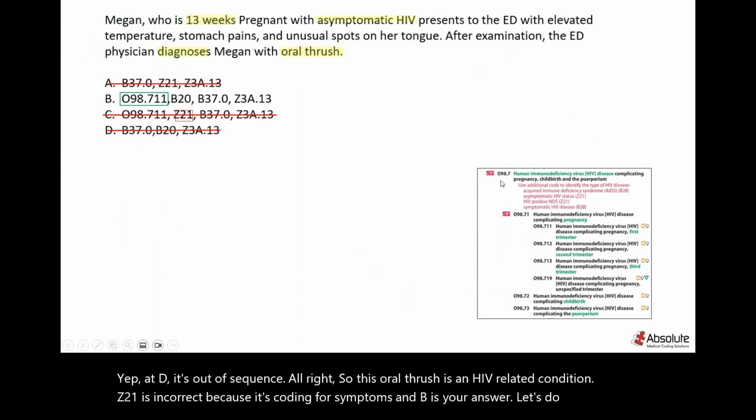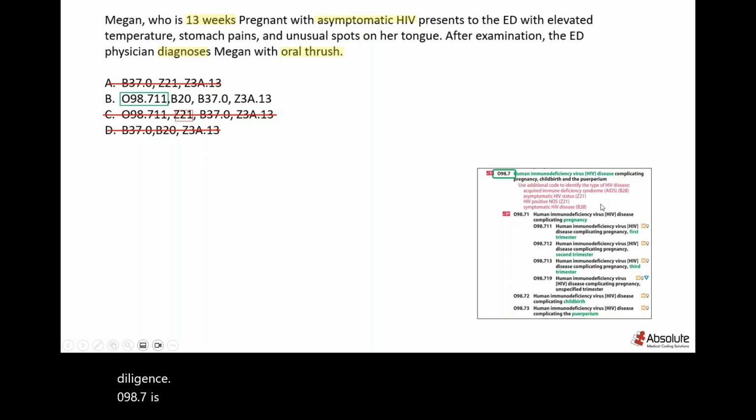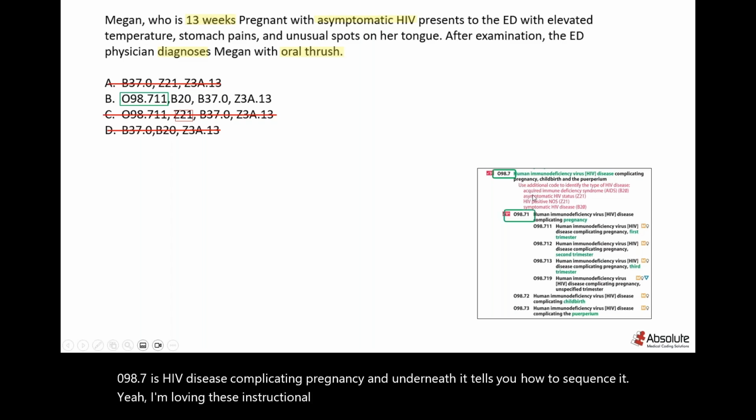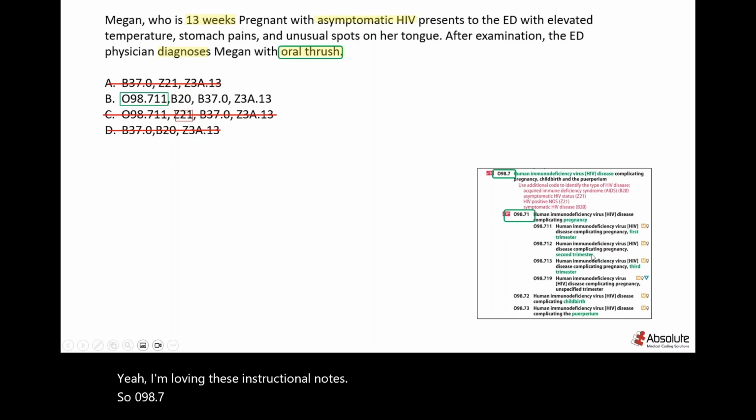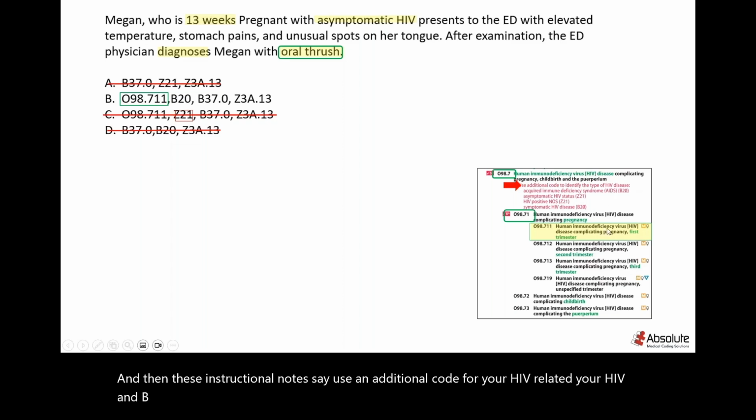Let's do our due diligence. O98.7 is HIV disease complicating pregnancy, and underneath it tells you how to sequence it. Yeah, I'm loving these instructional notes. So O98.71, you're going to sequence first, and this is for the first trimester. And then these instructional notes say use an additional code for your HIV, and B20 is next.